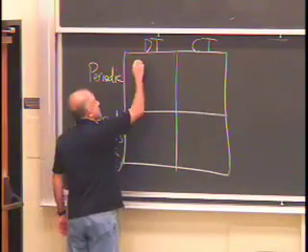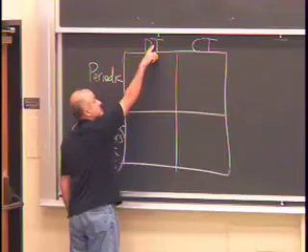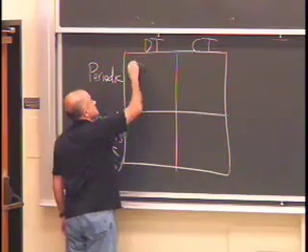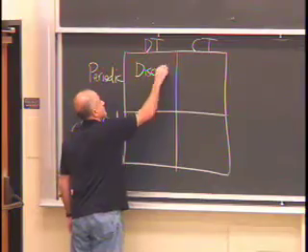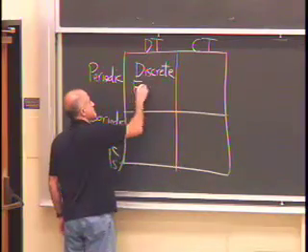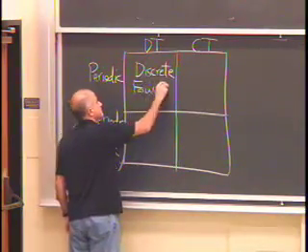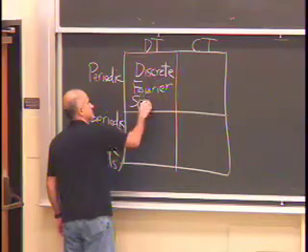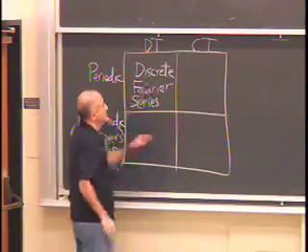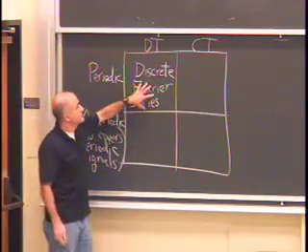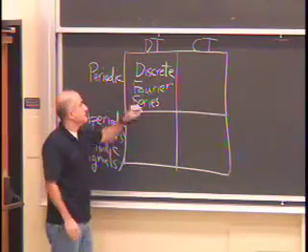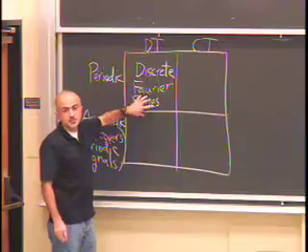So I'm going to start off with discrete time periodic signals, and we're going to describe the discrete Fourier series. There's a cousin of this called the discrete Fourier transform.